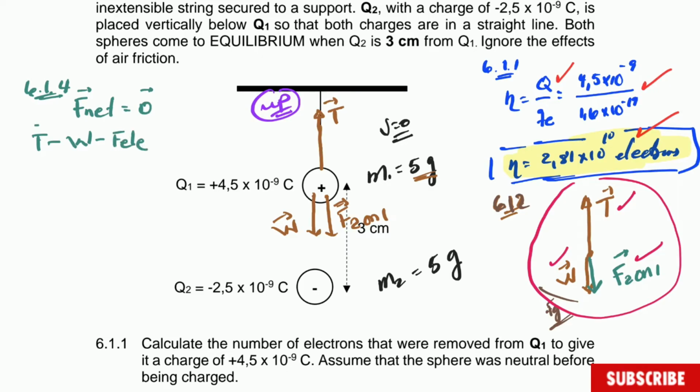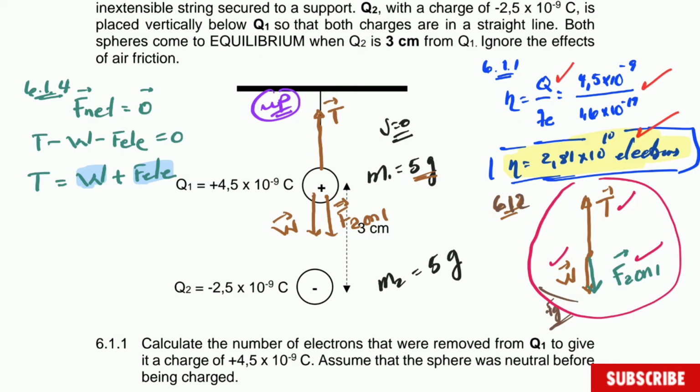I'm going to not write the symbols here. This is equal to 0. When you rearrange this, you will get that tension is equal to weight plus the electrostatic force, and all we have to do is calculate each of these forces, which you can do individually or you can substitute everything in the formula.